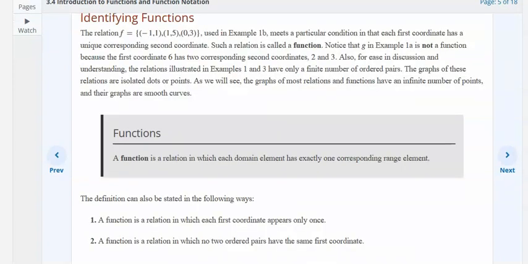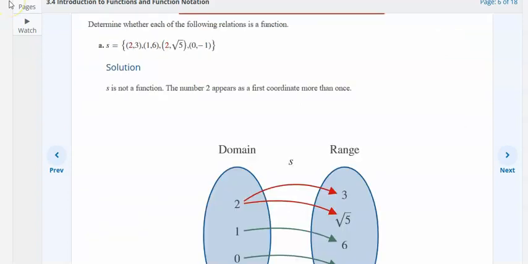Here they go over the proper definition of a function. Again, if the x element is only used once in a series of relations, it is a function. If the x element is used more than once, it's not a function. Here in example 2, they're asking us, with this set of coordinates, would this be a function?